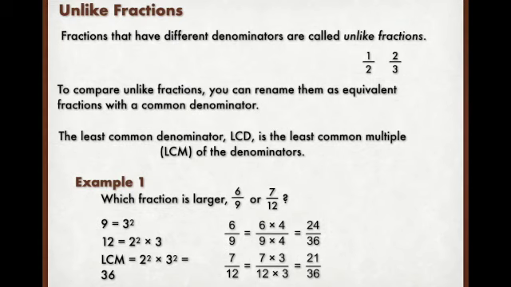And then if I multiply 12 times 3 to get 36, I have to multiply the 7 times 3, and that would be 21. So because I found the least common multiple, I actually turn these fractions into equivalent fractions. I put it out of 36.